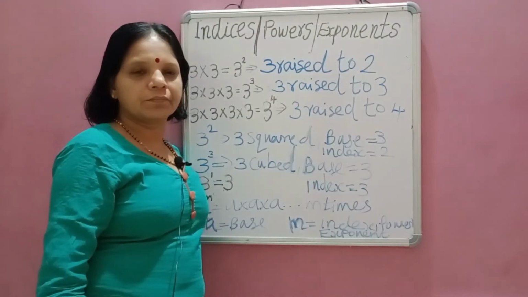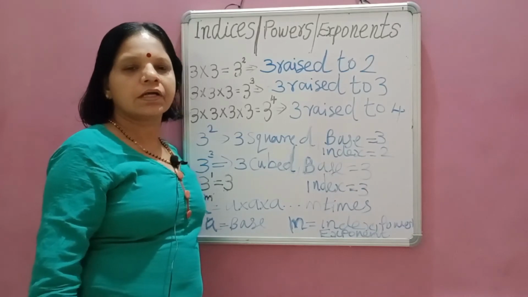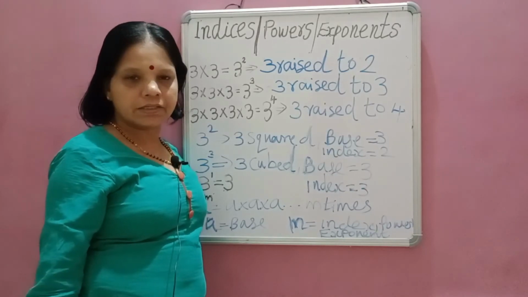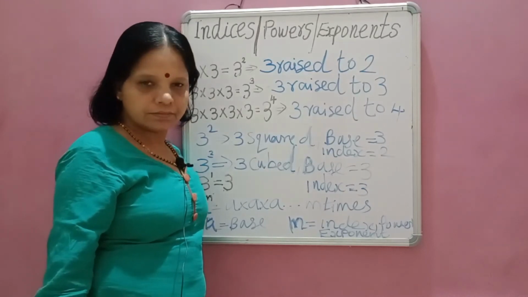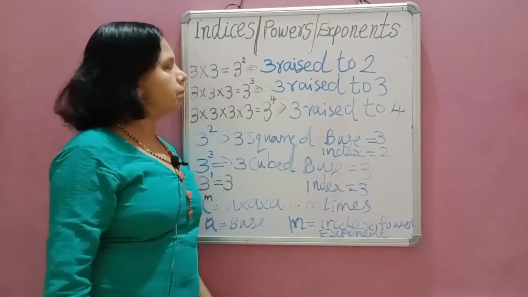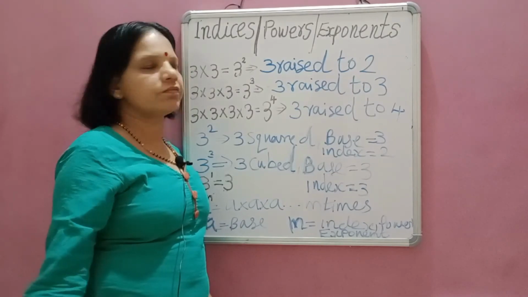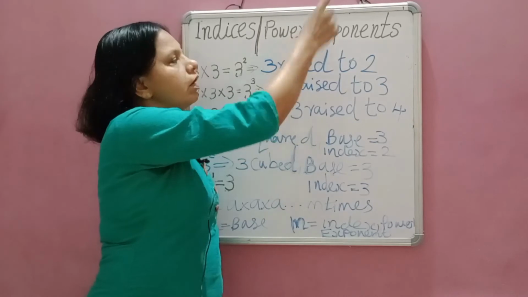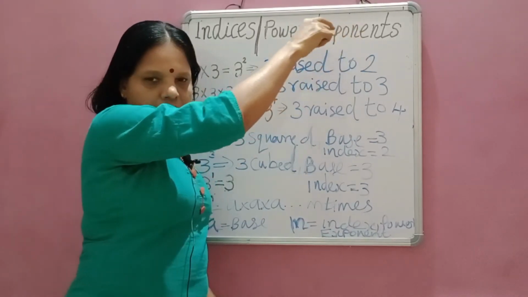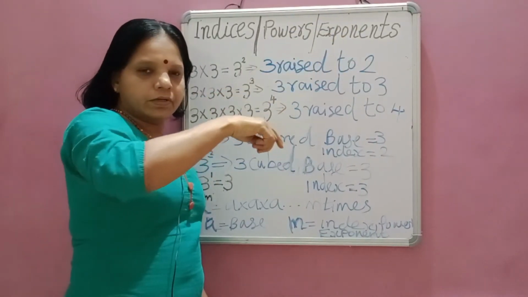So indices are nothing but repeated multiplication. Like you have studied, multiplication is repeated addition, and division is repeated subtraction. Similarly, repeated multiplication is what? Indices or powers or exponents. Clear? What is meant by indices?